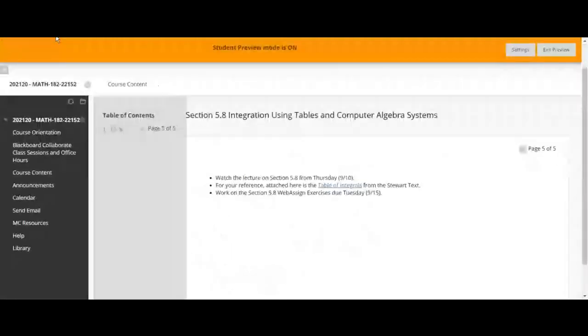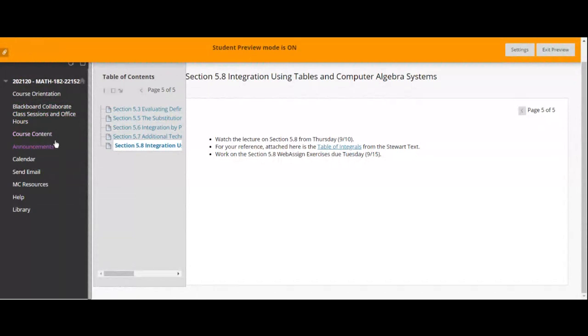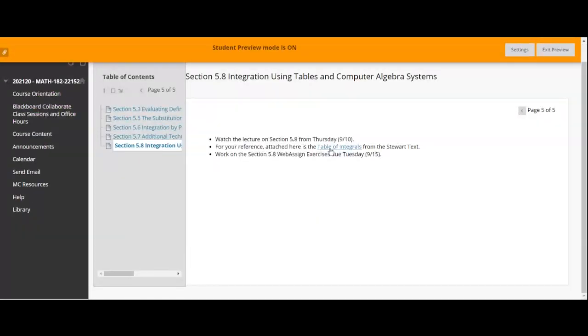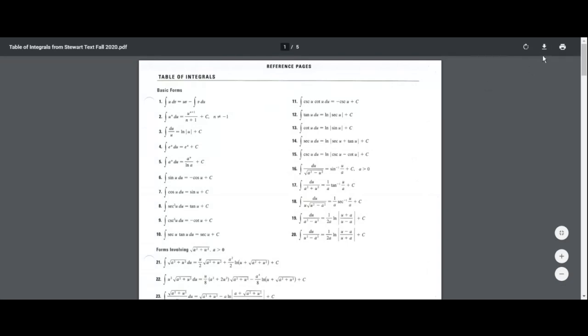Yeah, so you have to download it. Once you're in the course content, click on the link for table of integrals in section 5.8, and then go here for download. You have to download it to your computer, and then when you click on the file, you ought to be able to see all 5 pages.